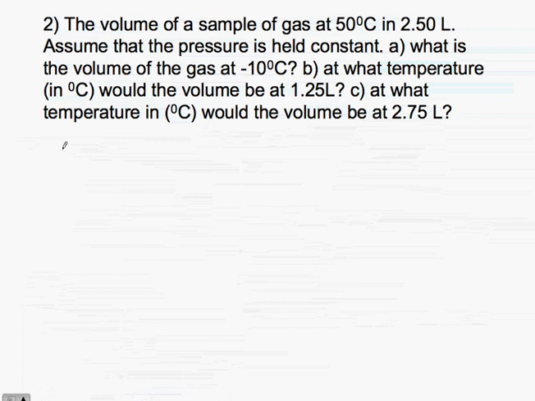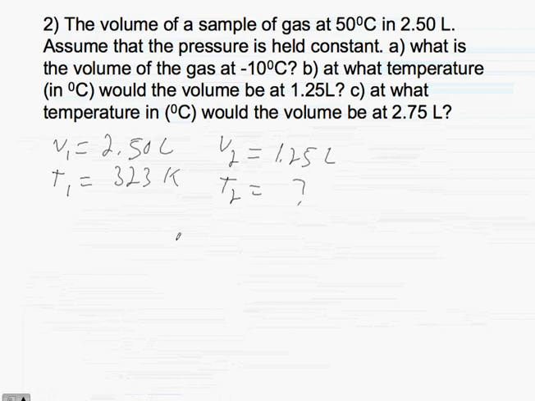So again, my V1 is equal to 2.50 liters, my T1 is equal to 323 Kelvin, my V2 is equal to 1.25 liters, and my T2 is equal to question mark.